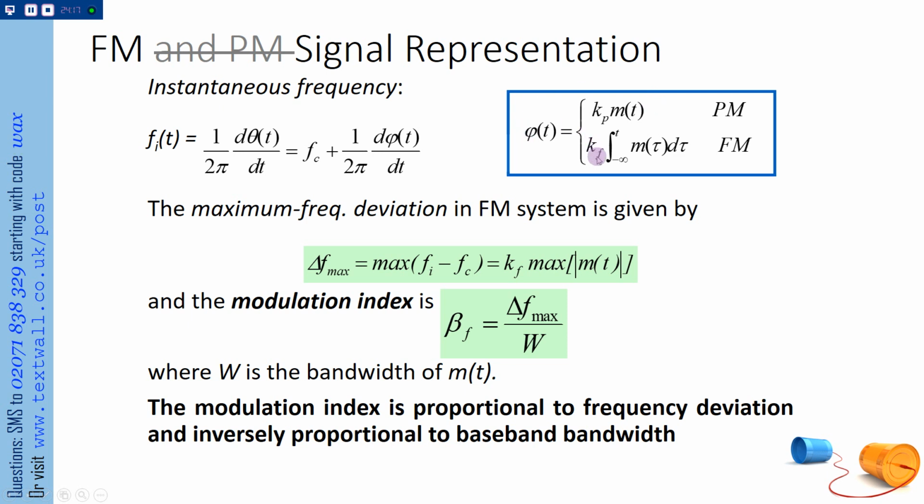But if the phase is the integral of the message, we call that frequency modulation. And you can go backwards and say the instantaneous frequency is the derivative of the phase. The 2 pi is just to get this in hertz rather than in radians per second.